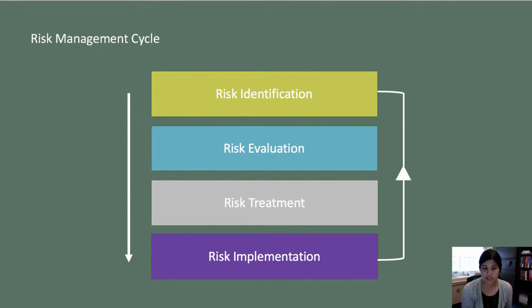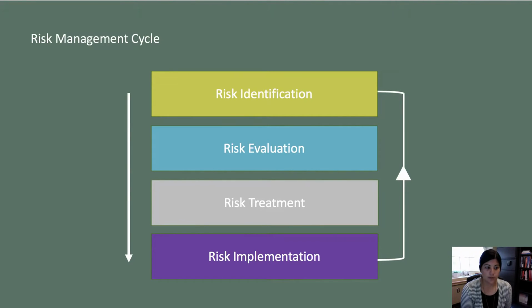There's implementation of managing those risks that have been identified. And then you can see in this model, we go back to the beginning, right? So this process of risk management is not something you would start on a Monday and finish on a Friday, right? It's something that is continual and something that needs updating consistently in order to have effective risk management.